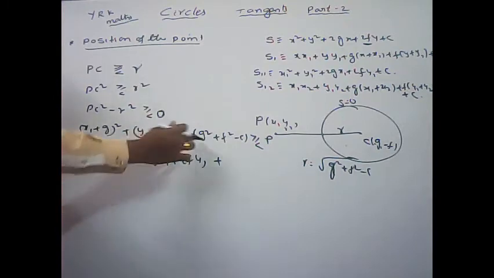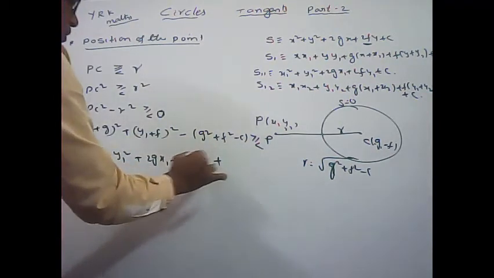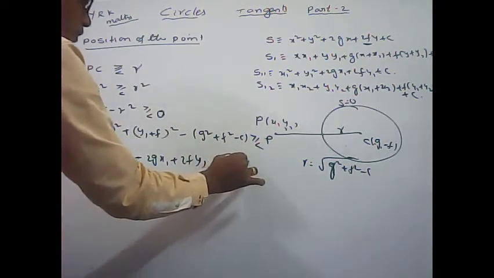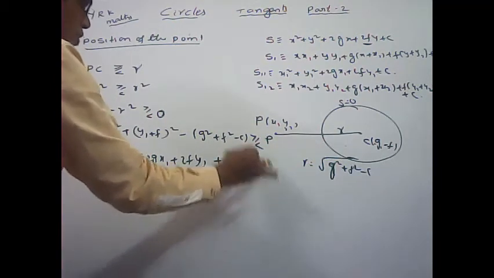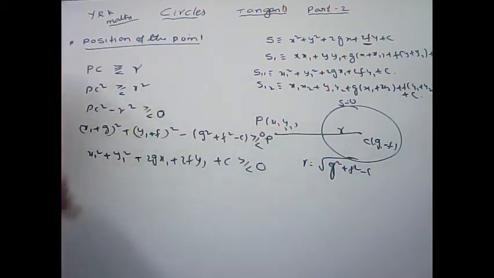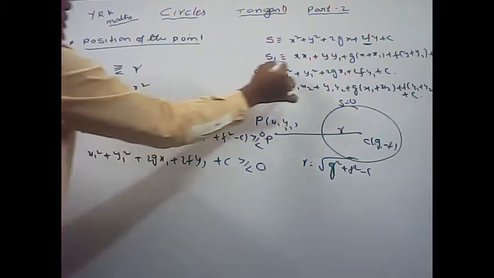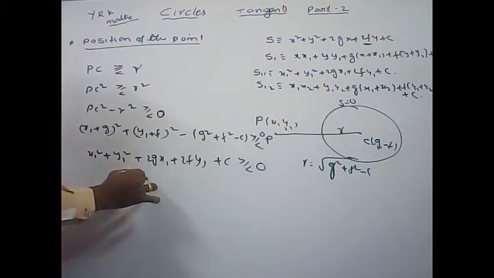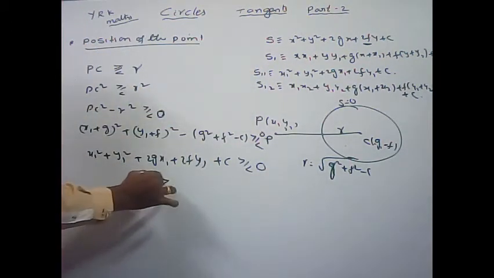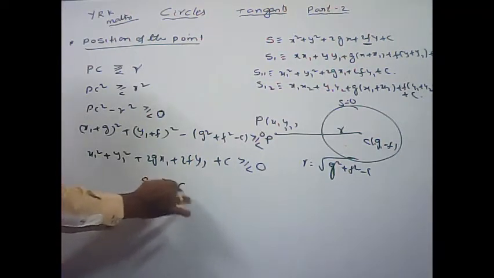Here g square and f square both get cancelled. That is more than, equal to, less than 0. So this whole expression we say is S11, more than, equal to, or less than 0.